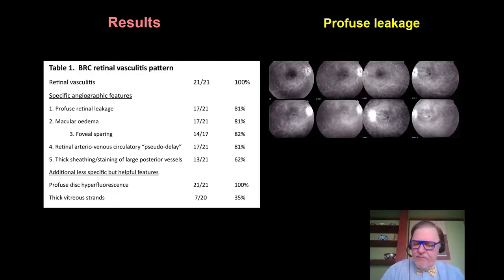Second characteristic, profuse leakage. As you can see here in the posterior pole, the leakage is enormous. This is a very leaky vasculitis.